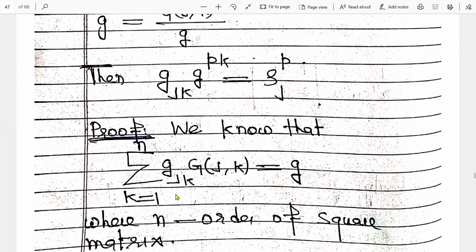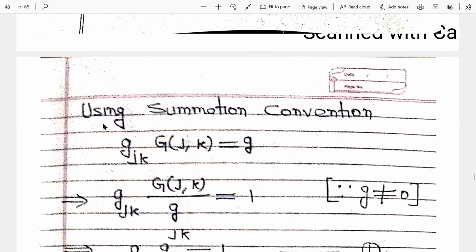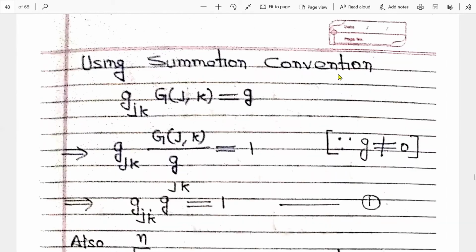So that is simply g_jk and capital G^jk, applying the summation convention by Einstein. So this g_jk G^jk is equal to g. Now from this, what do we get? If divided by g, then this term is equal to 1, right? And this is possible because g is non-zero.